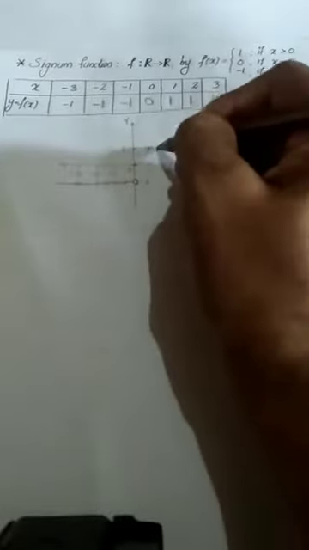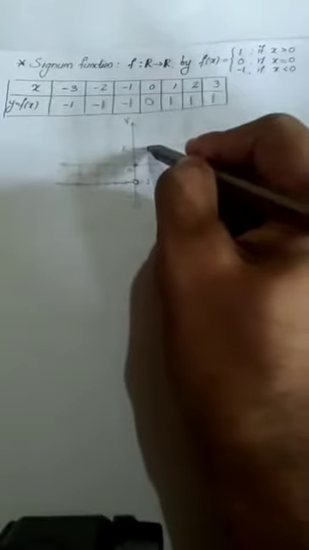So what's the image of 1? The image of 1 is 1. Image of 2 is again 1. Image of 3 is again 1. Image of 2.5, 1. Image of 1.5, 1. Image of 0.5, 1. So we'll get a straight line like this.